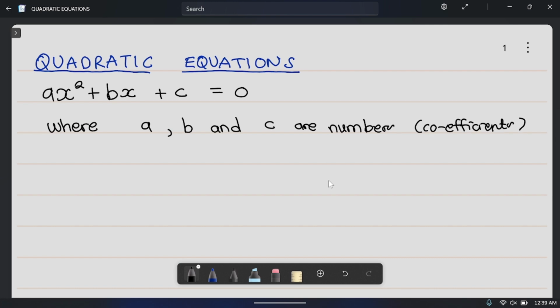Another condition is a cannot be equal to 0. If a is equal to 0, it becomes a linear equation.